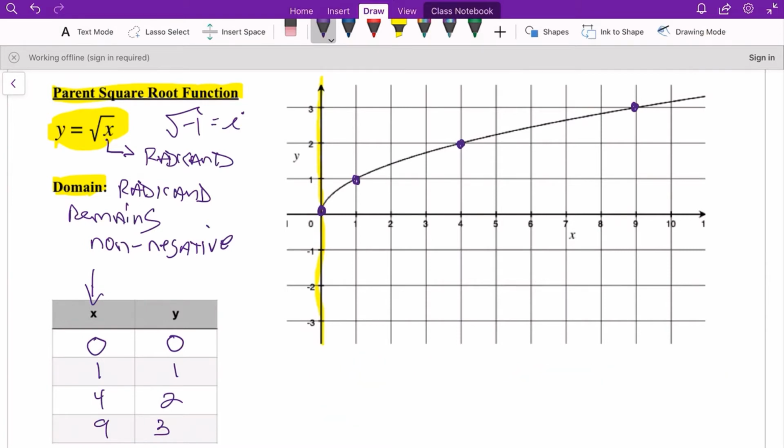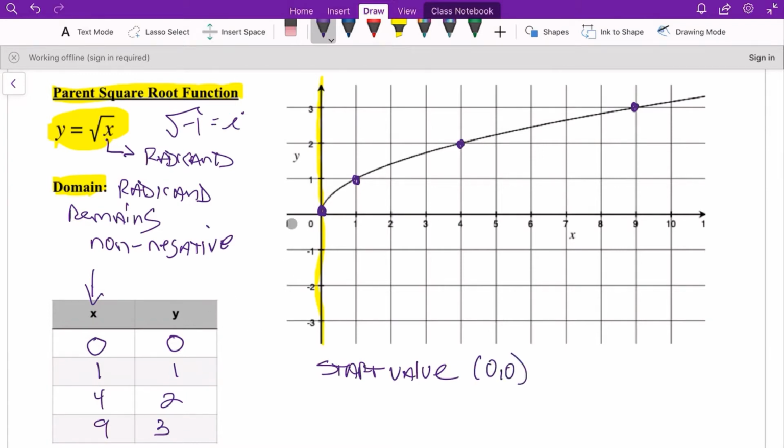All right? The start value, if I write it over here, and remember, this parent graph is kind of like the model for all the other radical function graphs. So we're going to use this as a model to create all the variations that can come with this type of function. So the start value we talked about was at 0, 0.